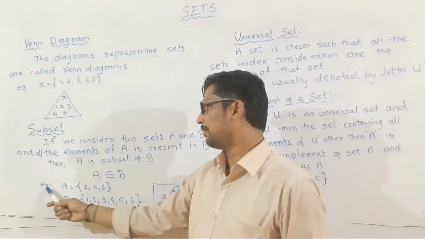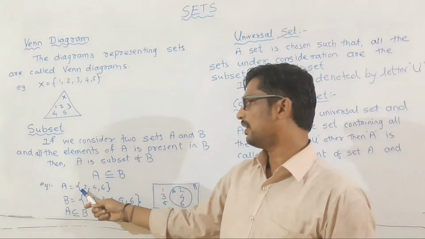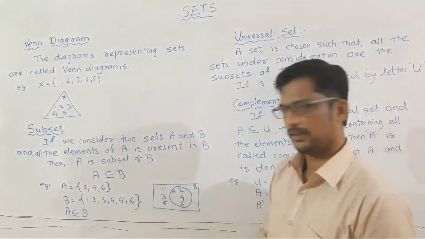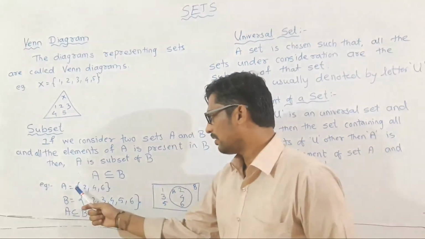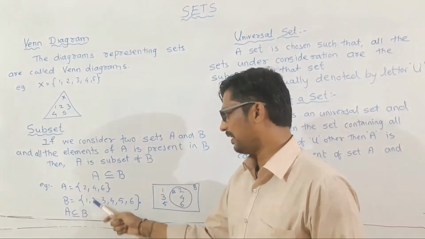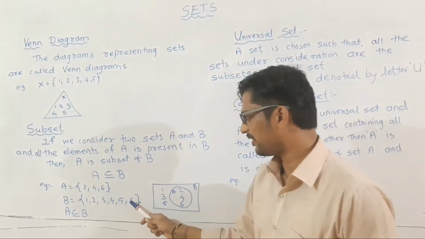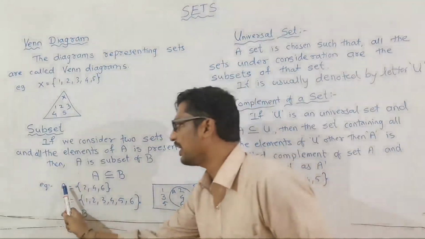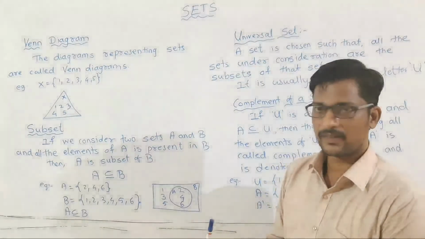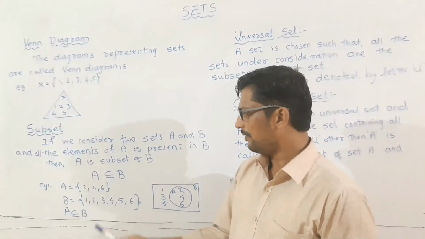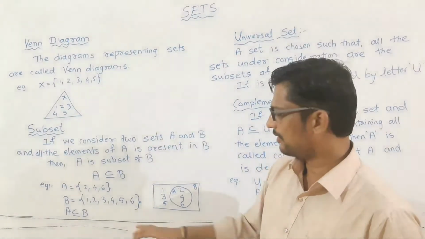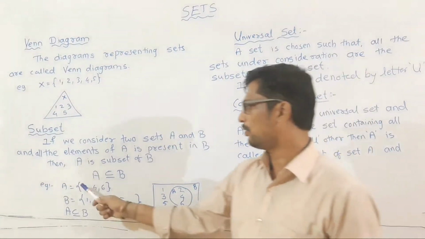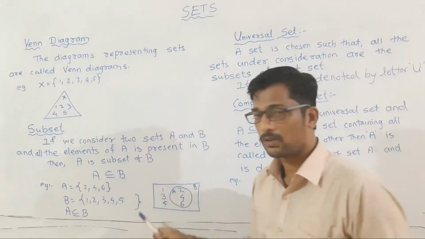For example, A has elements 2, 4, 6. B has elements 1, 2, 3, 4, 5, 6. Here, the elements of A: 2 is present, 4 is present, 6 is present. That means all the elements of A are present in B, therefore A is a subset of B. Now, for the time being, consider 6 is not there. 2 is present, 4 is present, but 6 is not there.